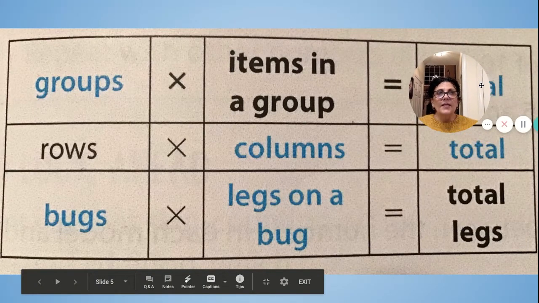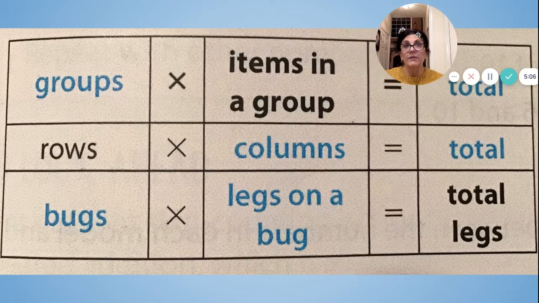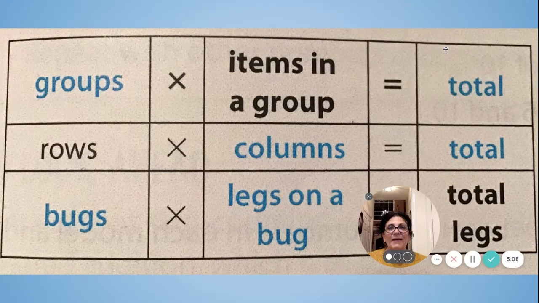So in essence, when you're looking at multiplication, you have the number of groups times items in a group, and that's going to give you your total. The first factor times the second factor will give you your product, or the total.